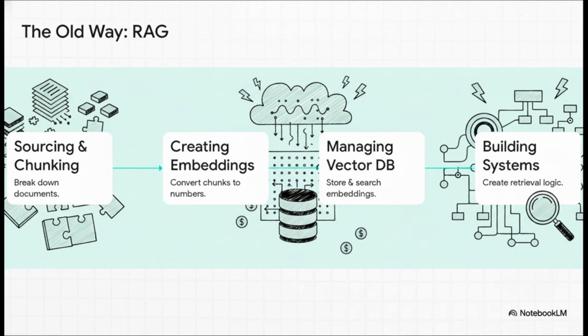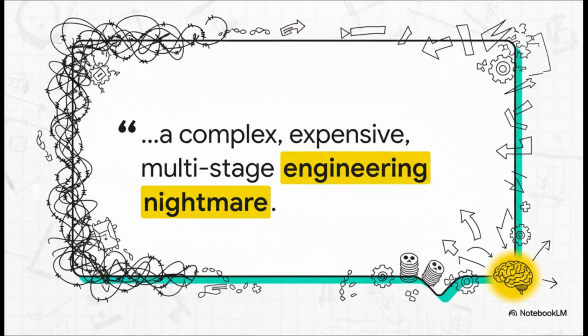And finally, you have to build these complex systems just to retrieve the right information and then rank it. Seriously, every single one of these steps is its own giant infrastructure headache. It's been a huge barrier to entry, locking this powerful technology away from so many developers. To put it bluntly, it's been a complex, expensive, multi-stage engineering nightmare.